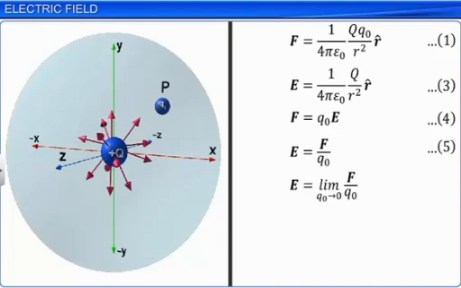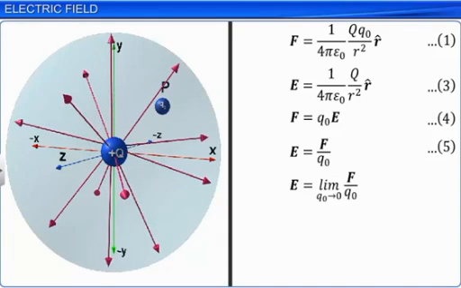The point charge q0 will be accelerated in the direction of the electric field as it experiences an acceleration a due to the force due to the electric field. And the acceleration is expressed as a equals q0 E by m, where m is the mass of the particle.